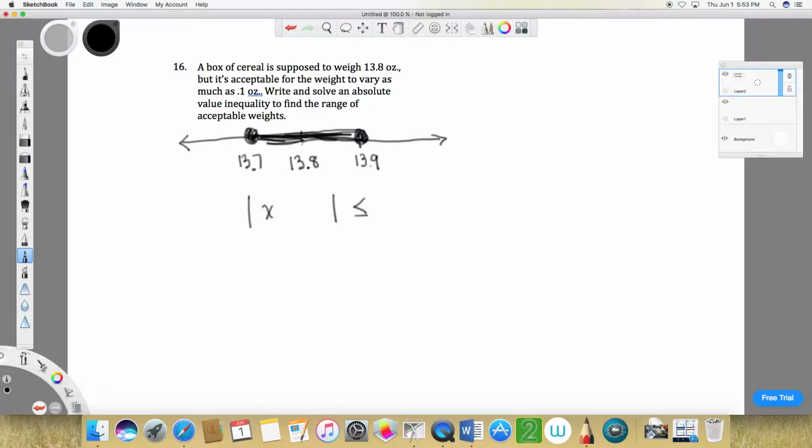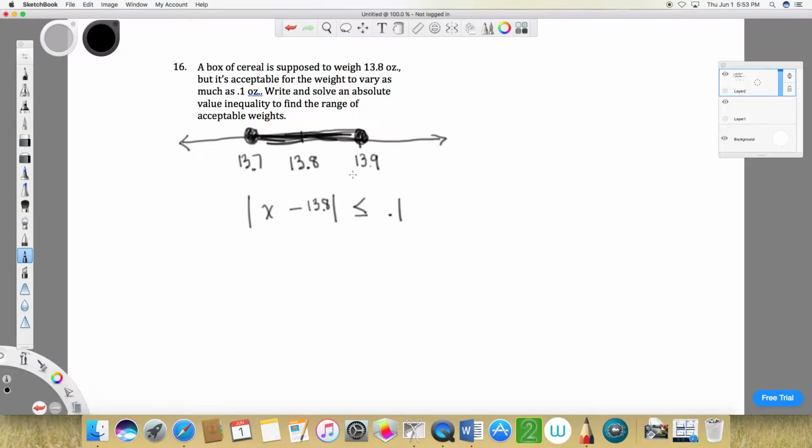It could be 13.8, could be less, or it could be more. We know that x minus this central value, 13.8, is only going to differ by 0.1 ounces. Okay, so here's my absolute value inequality that describes this solution set.